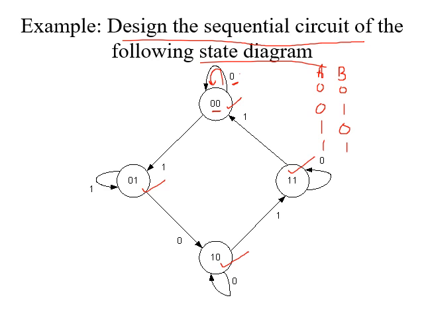Now let us denote this particular input by a variable x. Suppose I write down x here, and if my system is in the state 0 0, this is the present state, and the value of x is 0, then what will be the value of A plus B plus? What are A plus and B plus denoting?